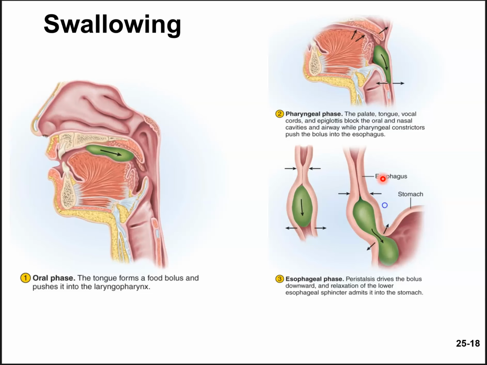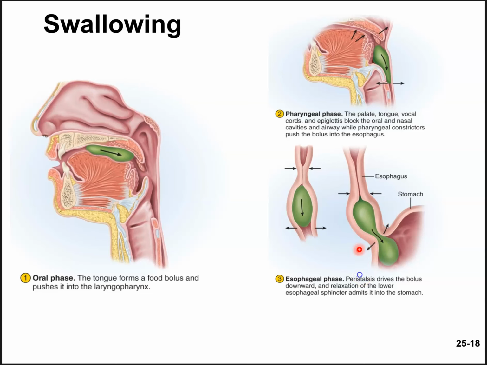Now, when the food reaches the stomach, this opening is controlled by sphincter muscles that you call the cardiac orifice or the cardiac sphincter. It's called the cardiac sphincter with respect to its proximity to the heart, but it has nothing to do with the opening of the heart itself.